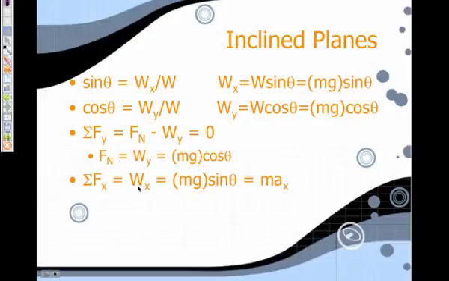Our x forces, in this case, there's only Wx. So we're going to have this, and that is all equal to ma in the x direction. A lot of the same stuff that we did already, just in a different situation.